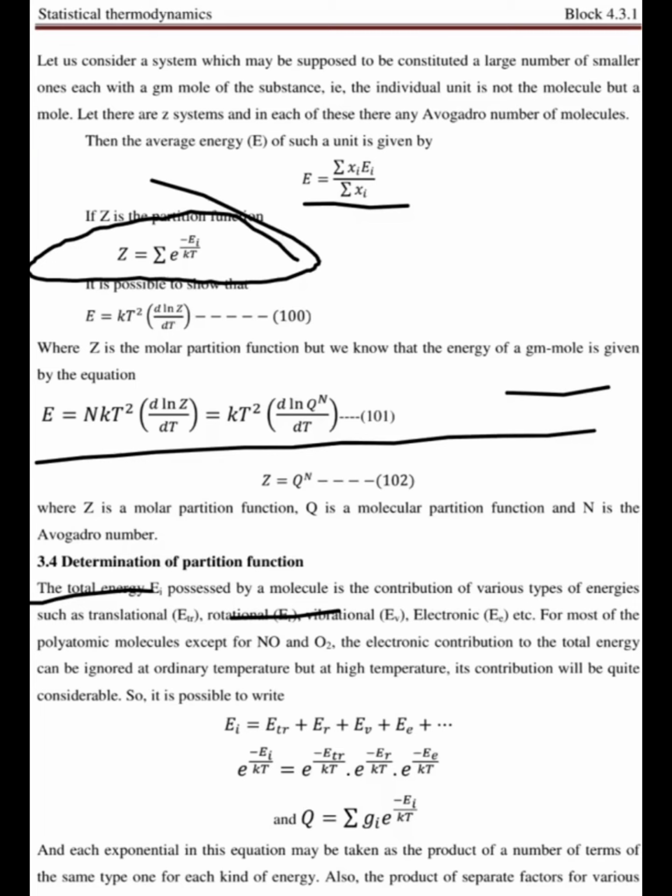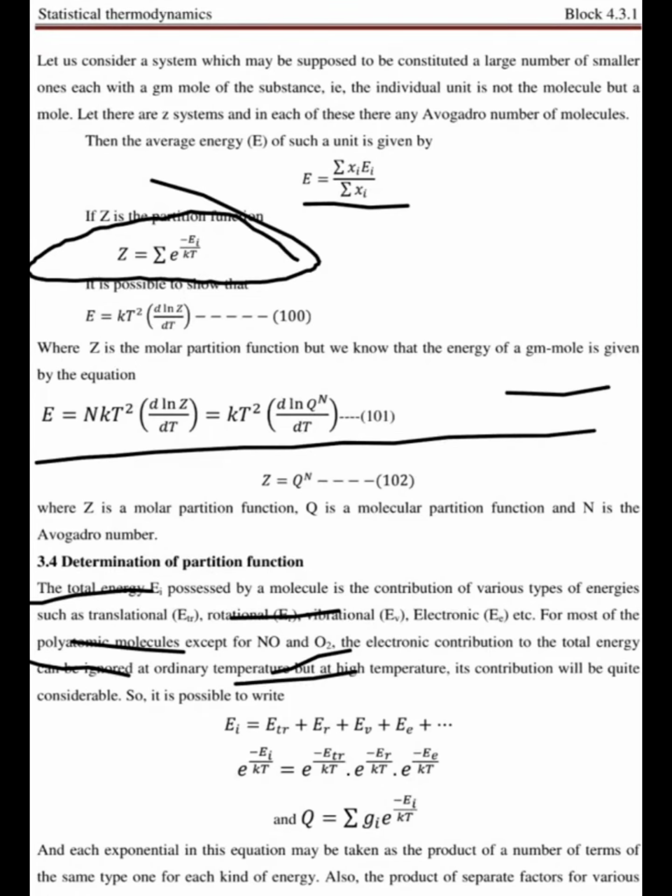Polyatomic molecules are nothing but molecules with two or more atoms, except for nitric oxide or oxygen. Here the electronic contribution to the total energy can be ignored at ordinary temperature, but at high temperature it contributes quite considerably.